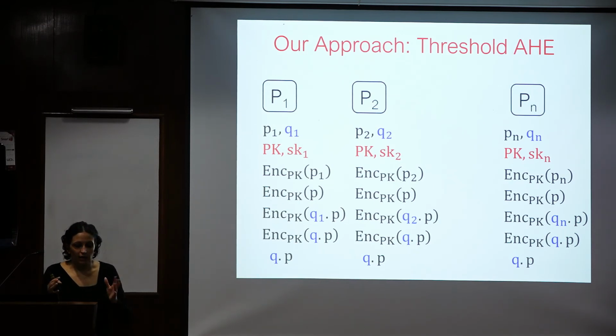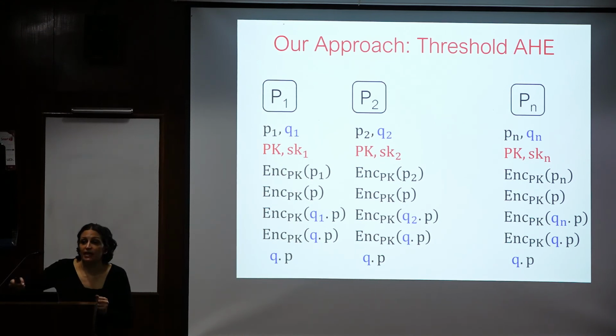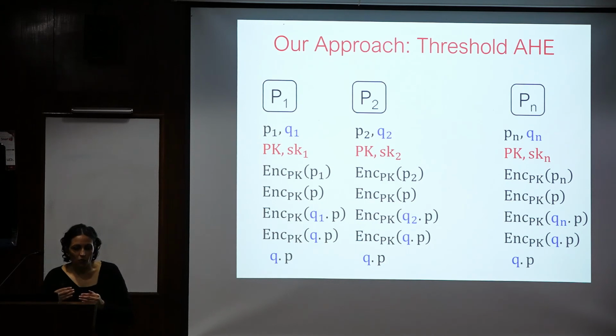These encryptions work by adding some noise and it aggregates, so you don't want to cross some bound, because otherwise correctness is not ensured.